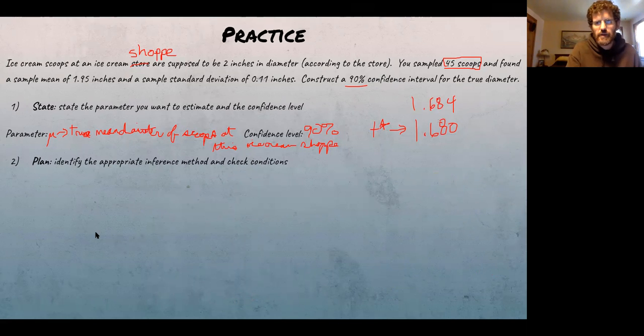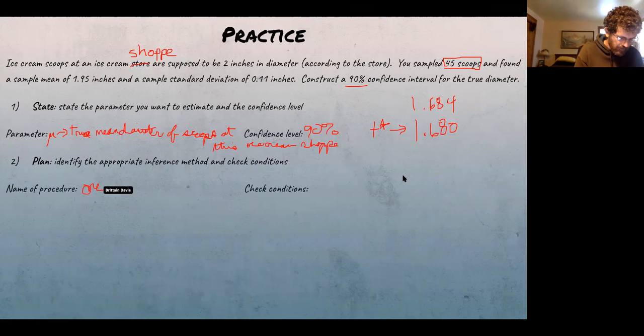I'll use one of those two in a minute. Now we can move forward. Name of the procedure. And we didn't talk about it too much, but this was a one sample T interval for mu.